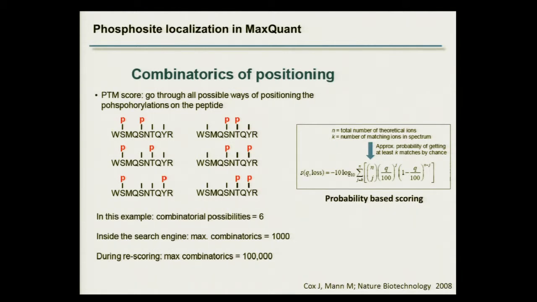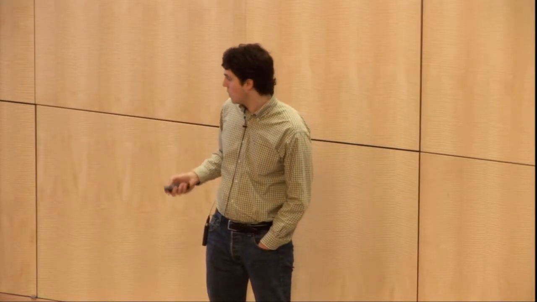In this example, there are 6 different possibilities for how those phosphosites can be localized on one peptide. But if you have really long peptides with stretches of serine and threonine residues, the combinatorics can increase massively. In MaxQuant, they go up to 100,000 different combinations to calculate those phosphosite localizations.